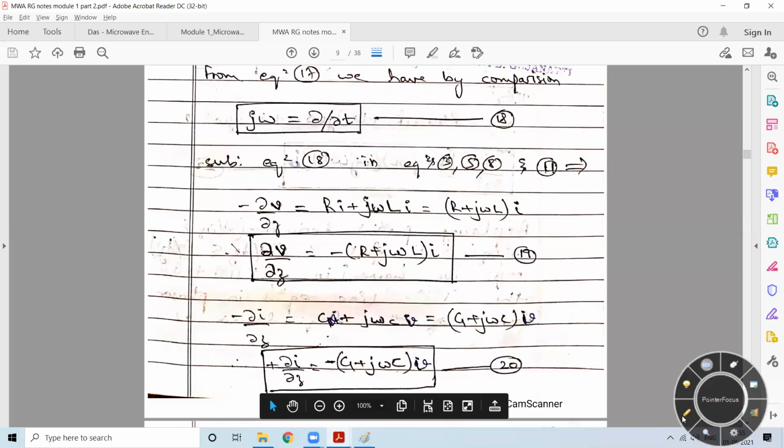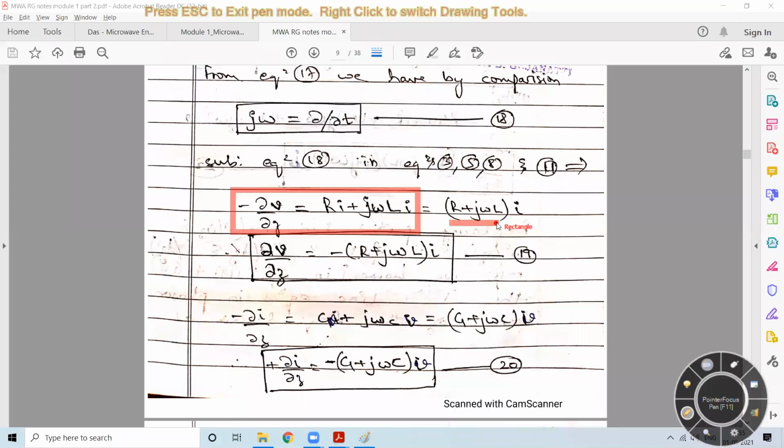When I substitute that, we have minus dou v by dou x is equal to r into I plus j omega L into I. So when I take I constant, I have r plus j omega L into I. It is equivalent to just taking the minus sign to the other side: dou v by dou z is equal to minus r plus j omega L into I.